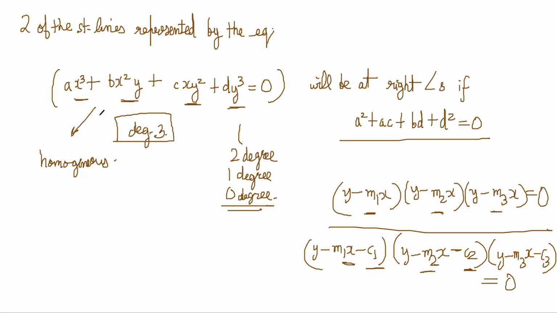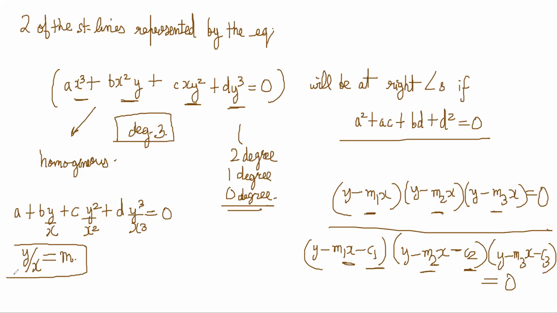And one nice way to get it is, why don't we just divide by x cube throughout, right? So then we get a plus b y by x plus c y square by x square plus d y cube by x cube is equal to 0. Take y by x as a variable, y by x is equal to m.